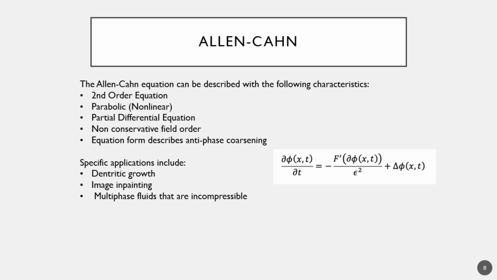Below, we can see an example of the Allen-Kahn equation, but the equation was written specifically to describe anti-phase coarsening. So the equation is still describing the phase changes, so it's modeling the phases, but just in a different manner. Some of the more specific applications for the Allen-Kahn equation include dendritic growth, image inpainting, and phase separation.